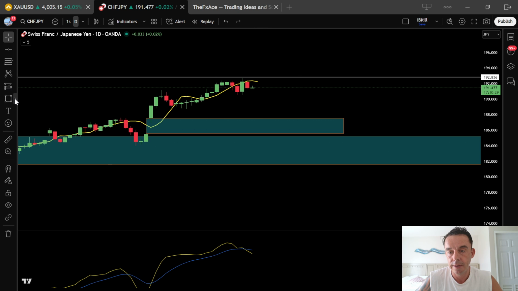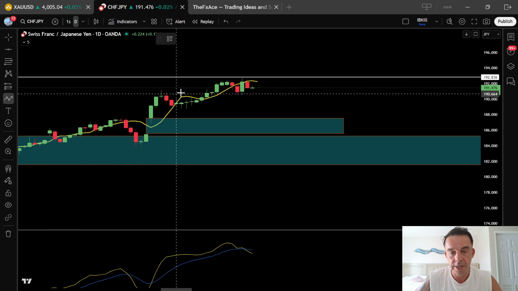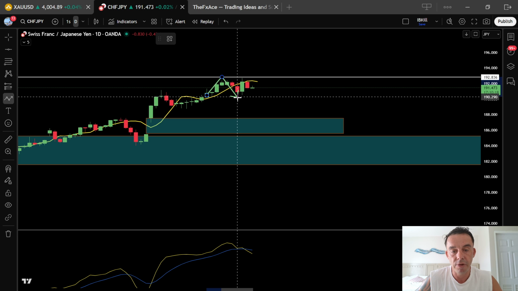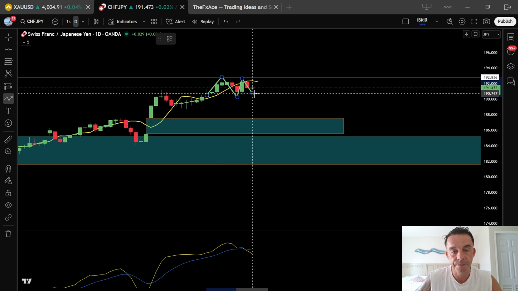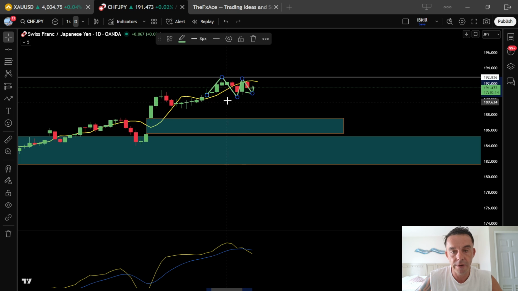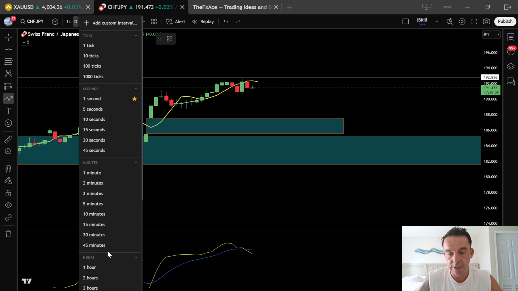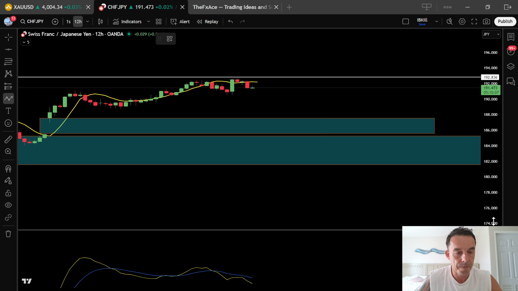We have had price trending up, and as you can see, as we've hit this last week 192.800, the market has been moving sideways in a distribution period. MACD is crossing over.